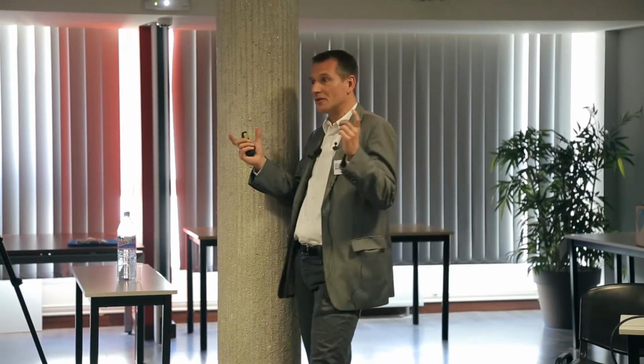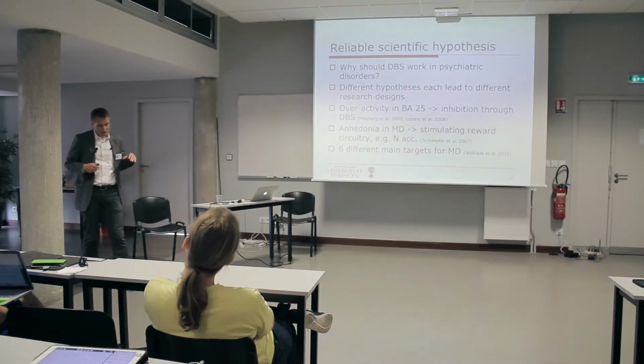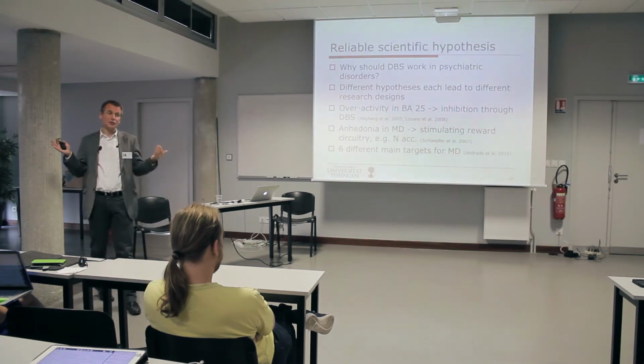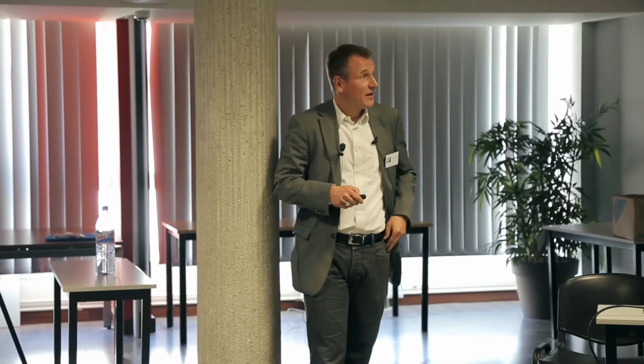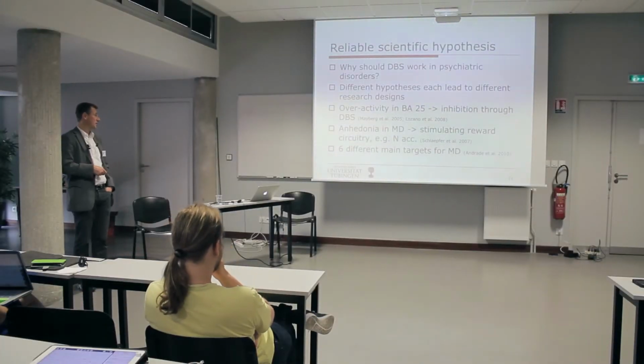So there are also psychiatric effects of neurological DBS, and if it comes to a reliable hypothesis, different hypotheses may each lead to a different research design. So some say overactivity in Brodmann area 25 is a major issue of depression. We should target it with DBS to inhibit this area. And this was done by Mayberg and Lozano.